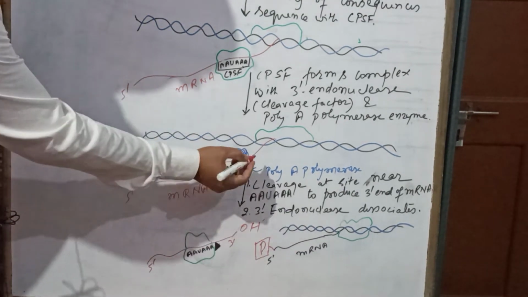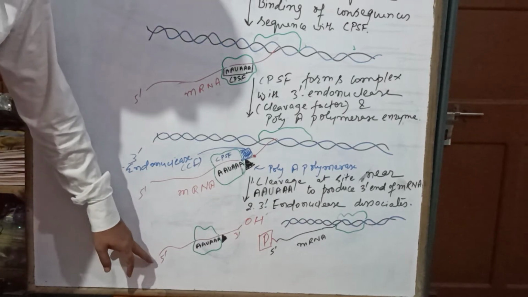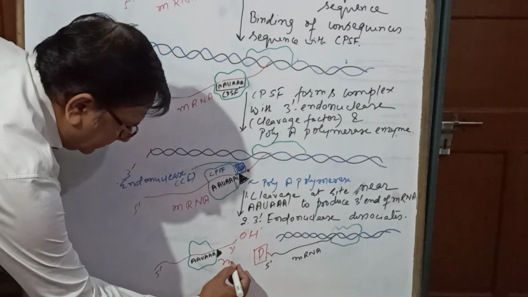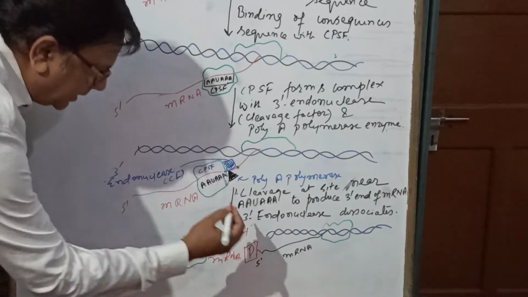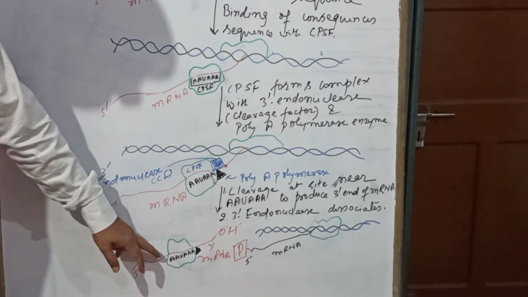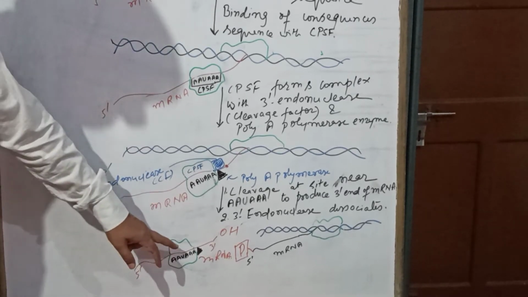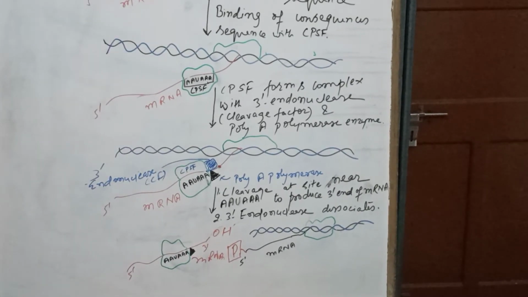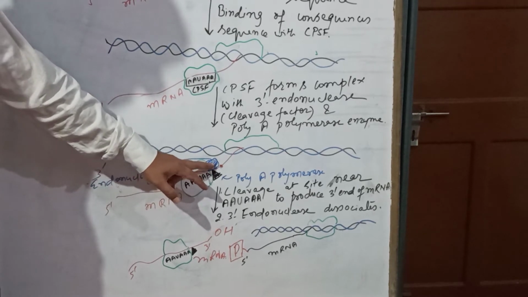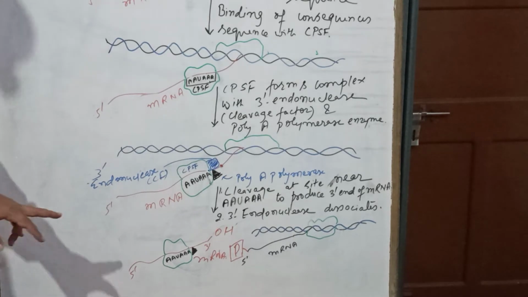As a result of this cleavage, you can see here in this mRNA strand, a 3' end is generated. And as soon as the cleavage occurs, this 3' endonuclease also dissociates.